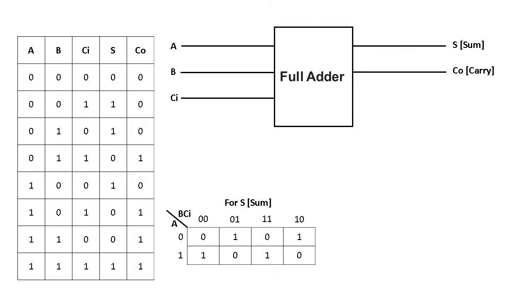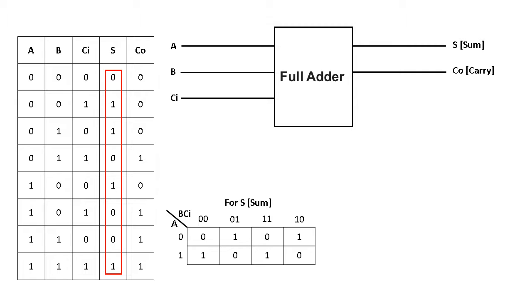Okay, now we have drawn the K map. Observe, we have drawn the K map for the sum. So you can see the input of the sum. We have learned how to draw the K map in another lecture.